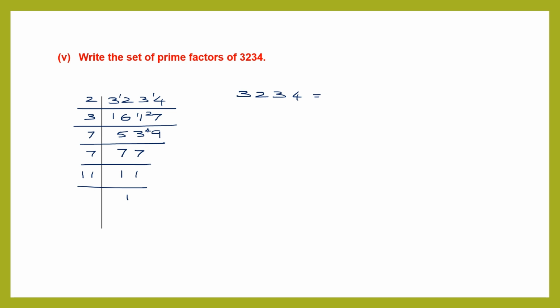The prime factors are 2, 3, then we have 7. We don't have to write it twice. 7 and 11. So these are all the prime factors of 3234. Now we can put it in the form of a set because we are asked to write that. Write the set of prime factors. So P is equal to 2, 3, 7 and 11. This is our answer.